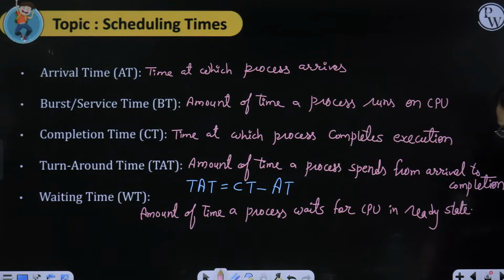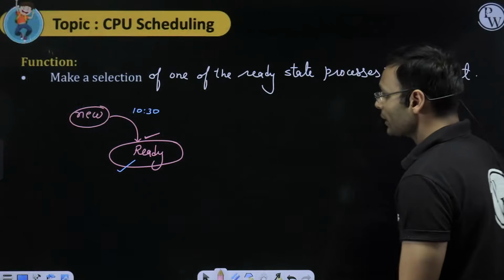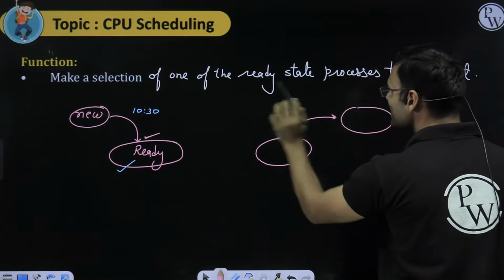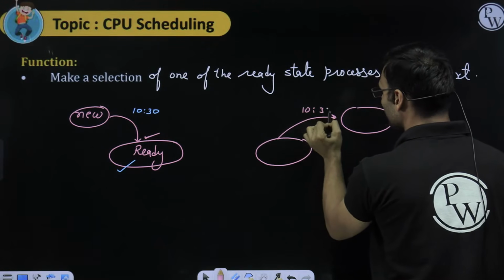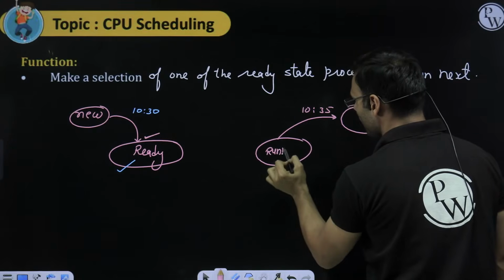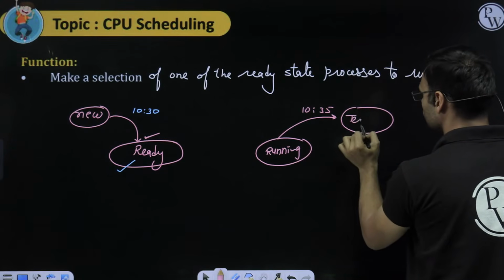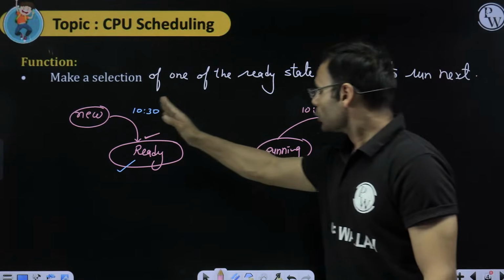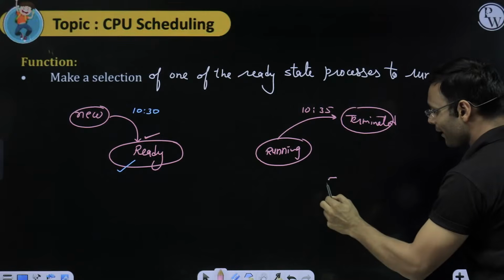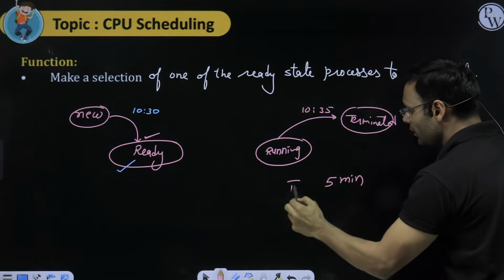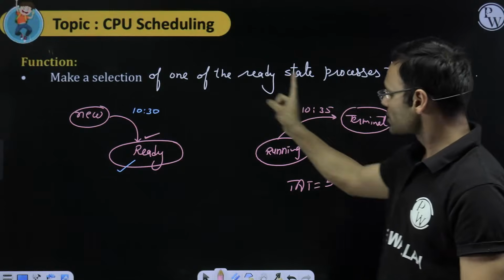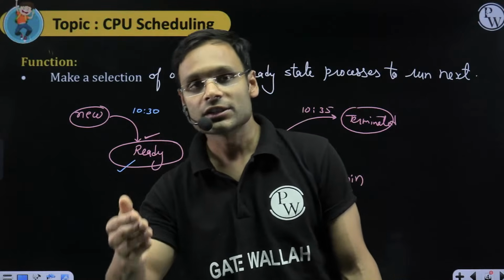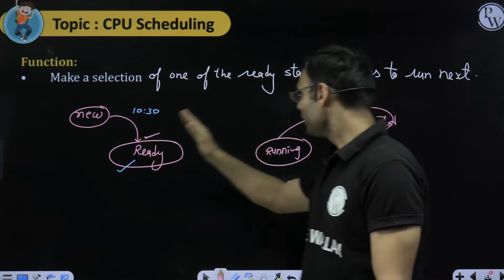But sir, how do you calculate it? Look at this. Let's say a process arrives at 10:30 and completes at 10:35. This is the running state and this is the terminated state. Now, total turnaround time is 5 minutes, which we have already calculated. Total time a particular process has spent in the system is 5 minutes, from arrival till completion.